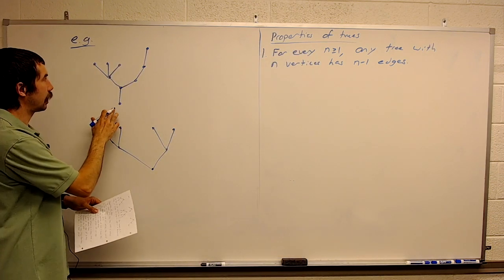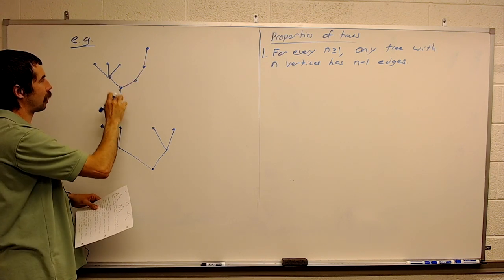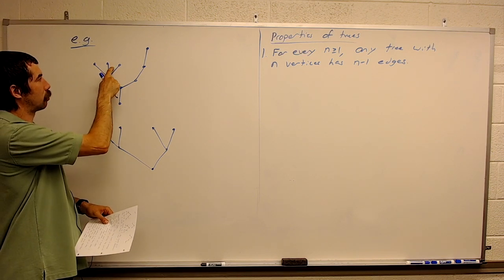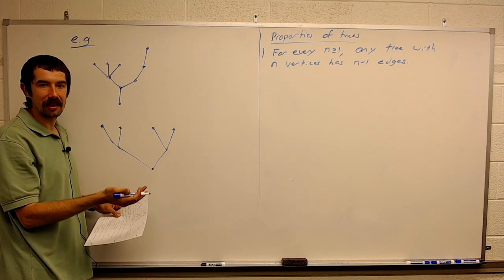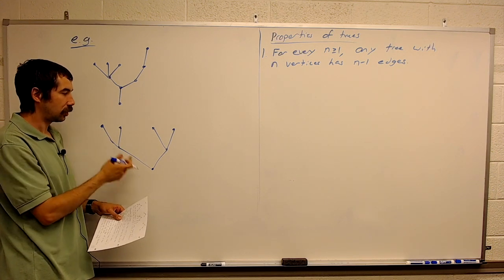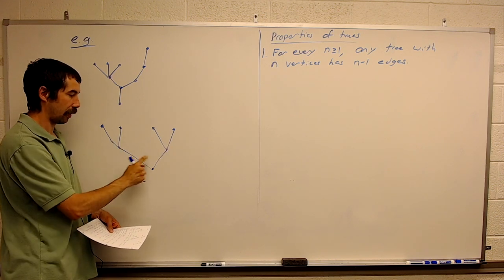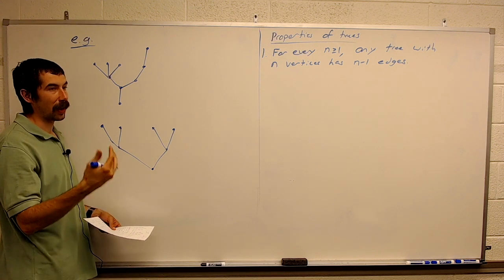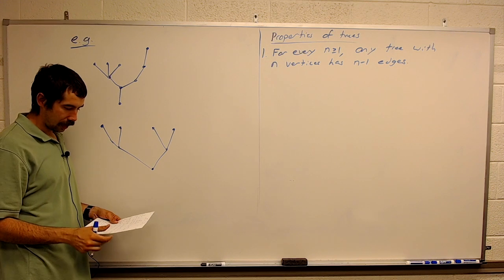You can see here, this tree has 1, 2, 3, 4, 5, 6, 7, 8, 9 vertices, and 1, 2, 3, 4, 5, 6, 7, 8 edges. 9 vertices, 8 edges. This tree has 7 vertices and 1, 2, 3, 4, 5, 6 edges. So if you're a tree and you have n vertices, you're going to have n minus 1 edges.